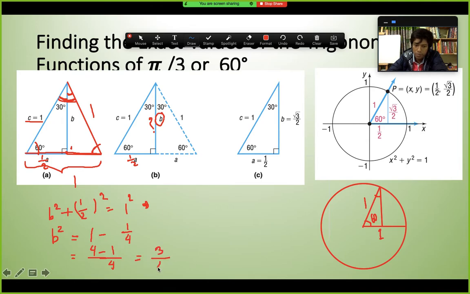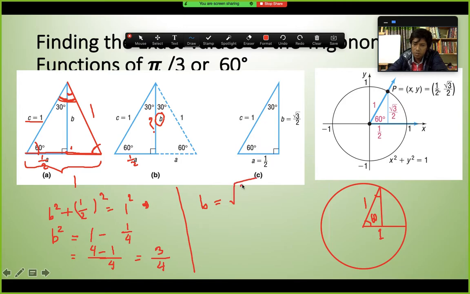That means 3 by 4. So from here we get 3 by 4. Now you see this side we have b squared. So b equals what? So b equals the root of this. b equals plus minus, of course, but minus we will not take.